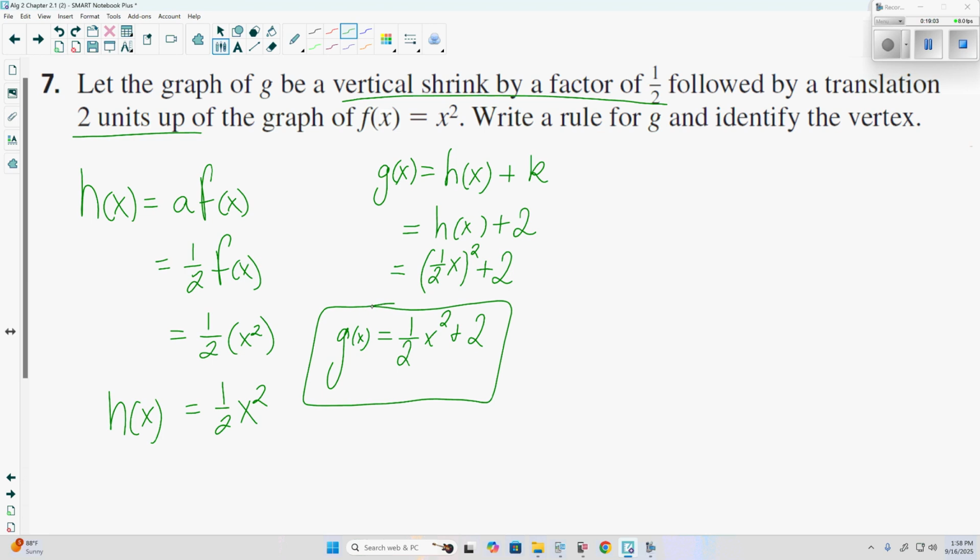So we replace h of x with 1/2 x squared. We drop the parentheses and give us 1/2 x squared.